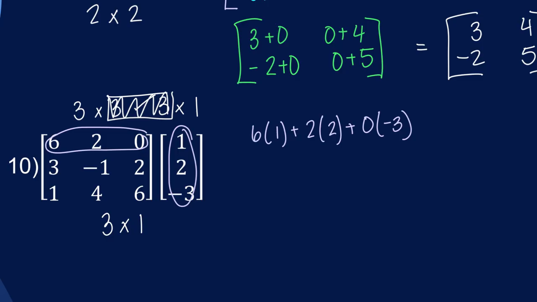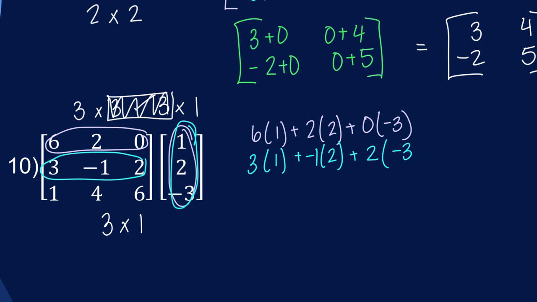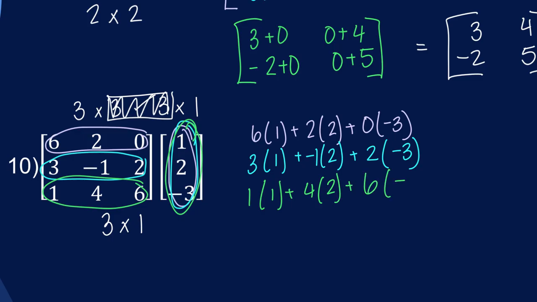Going on to the next one right here, still using this same column. 3 times 1 plus negative 1 times 2 plus 2 times negative 3. And then going ahead to the last one with the same column. 1 times 1 plus 4 times 2 plus 6 times negative 3. And these are all in my brackets.